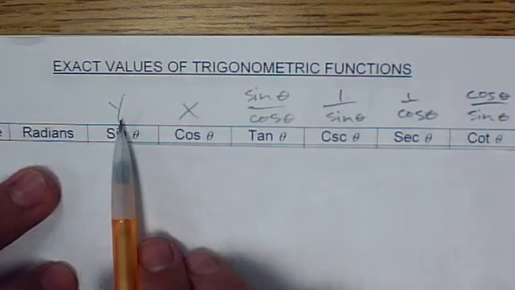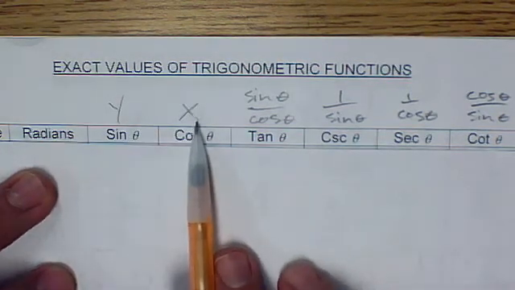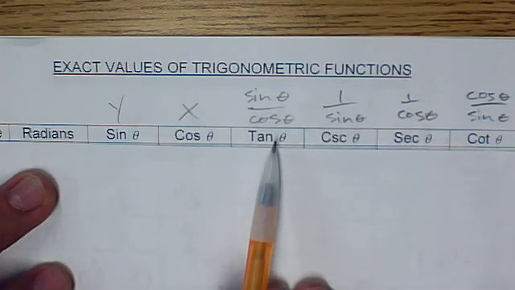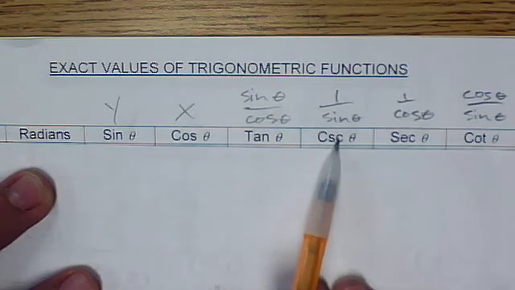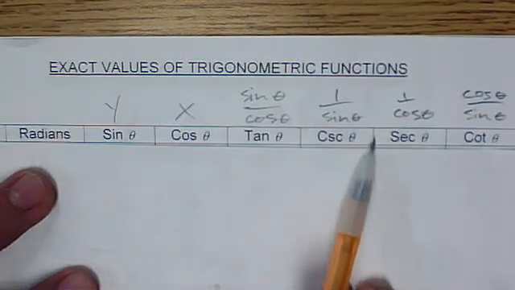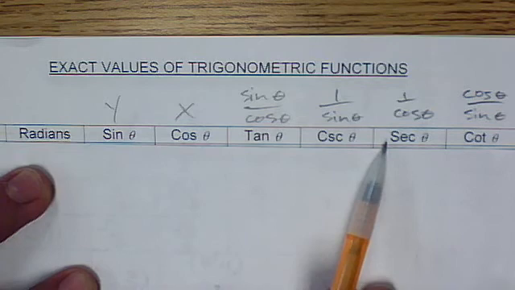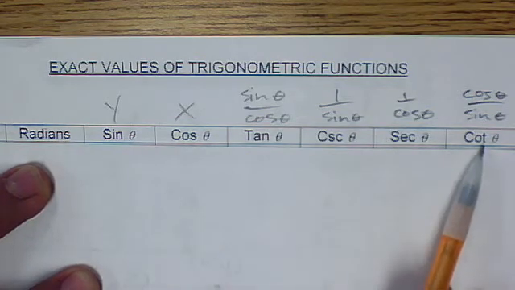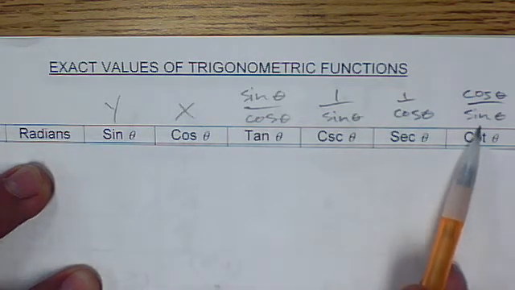The sine is always y, the cosine is always x. Tangent is sine over cosine. Cosecant we know is the reciprocal of sine. Secant is the reciprocal of cosine. And then cotangent is the reciprocal of tangent, or cosine over sine.